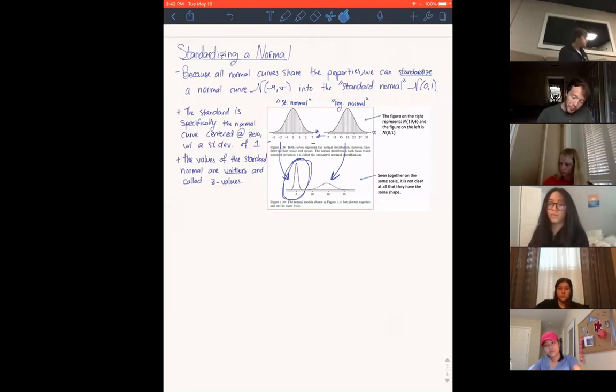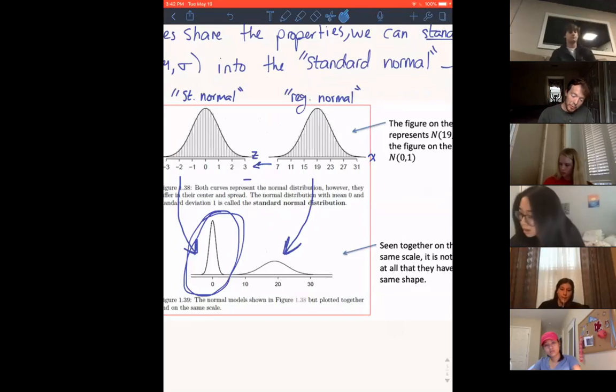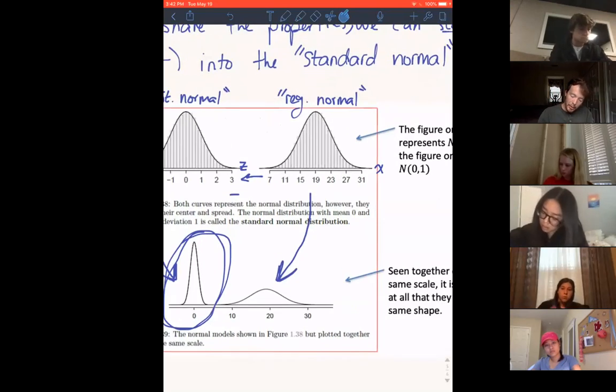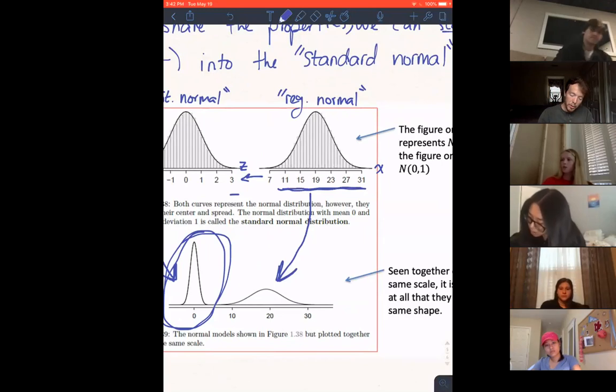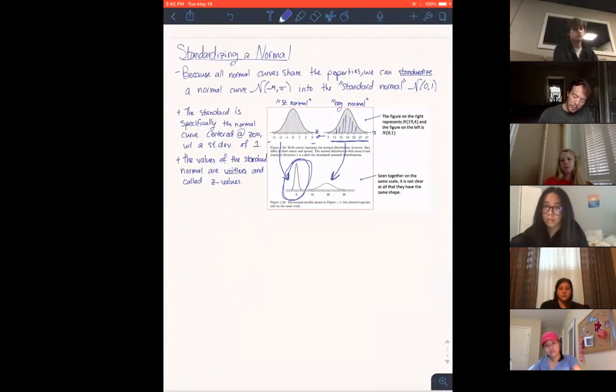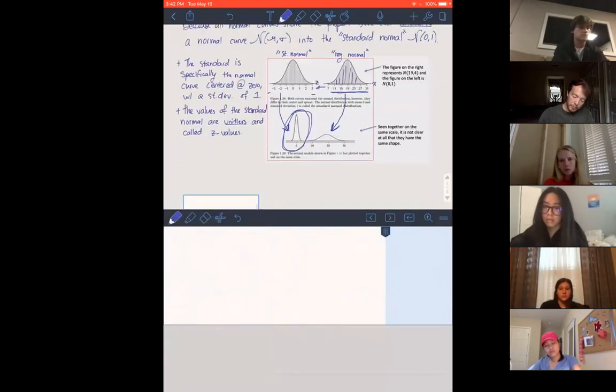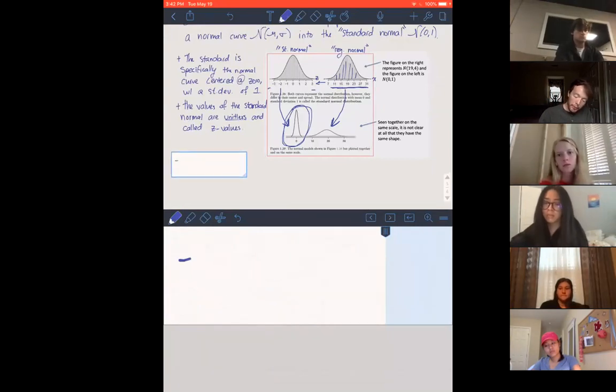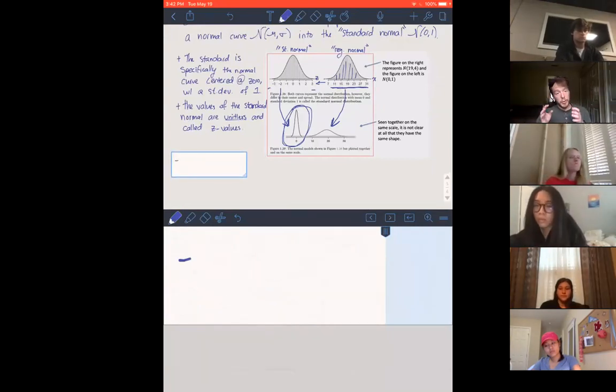What you can do is if you ever have a regular normal curve, maybe think about our octopus tentacles or any other one, you can take every single x value in this curve and do a transformation to them, just like we did a transformation with our scaled histogram. If you do this transformation to every single x value, the values you have after the transformation will make up a standard normal curve. So, how to do it?